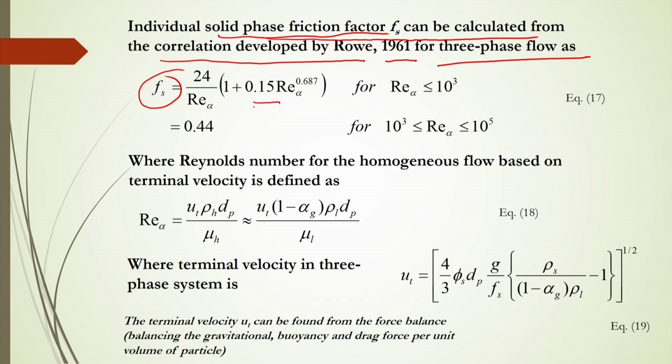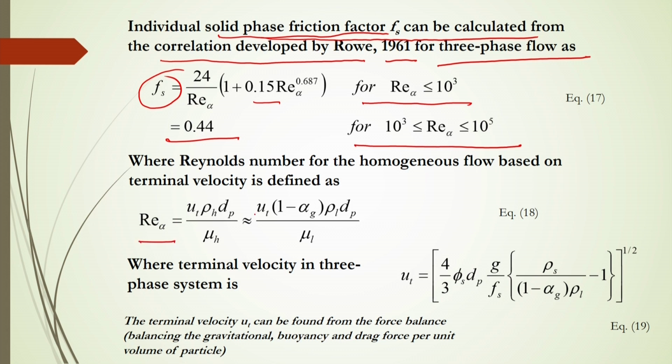Here this equation is valid if Re alpha, that means the Reynolds number based on terminal velocity, is less than 1000, whereas it will be only 0.44 if it is more than 1000 and less than 10 to the power 5. Then you can calculate Fs for the single solid phase friction.